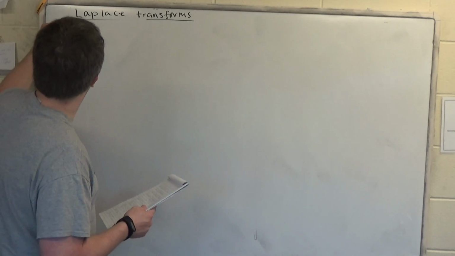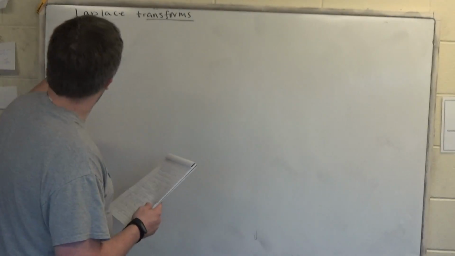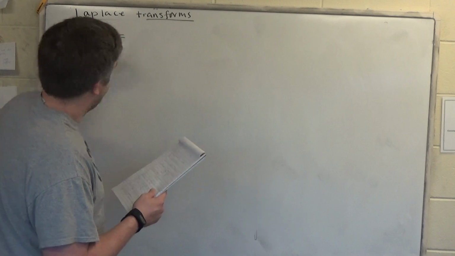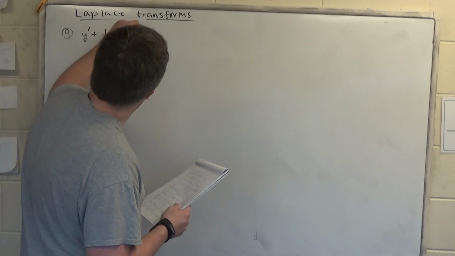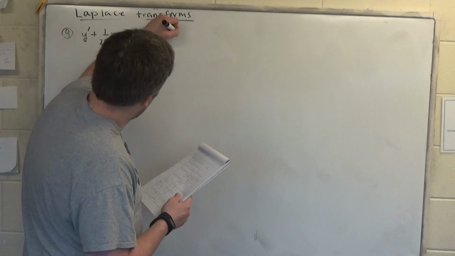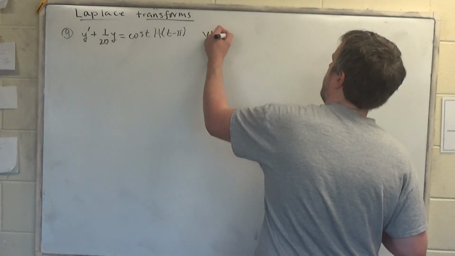So this is number 9, if I can read my own writing. We have y prime plus 1/20th y equals cosine t times the Heaviside function of t minus pi. And our initial condition is that y of 0 is actually 0.